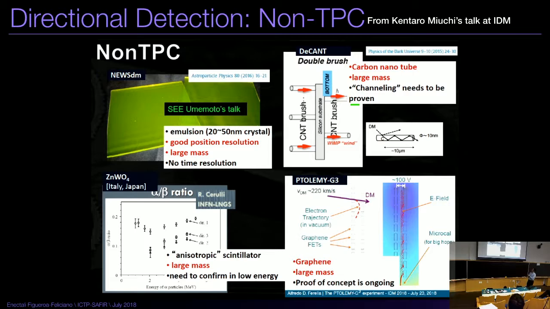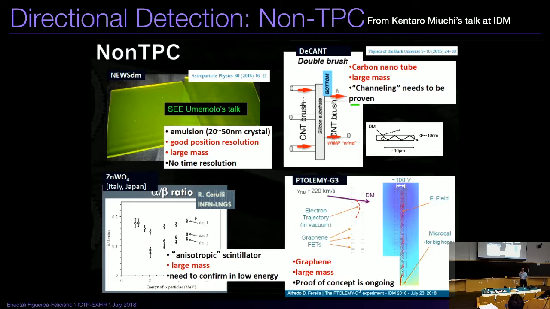Some are using emulsions. So this is basically like an old style camera that had film, and the film will show you a track, and if you have a recoil on the track, you will be able to see that track. And so by having a bunch of these emulsions, you can expose them to dark matter.